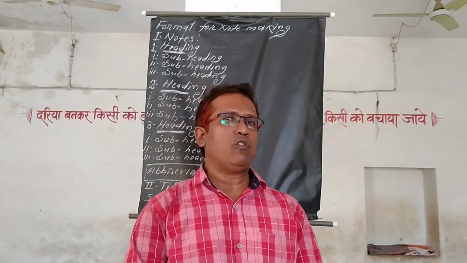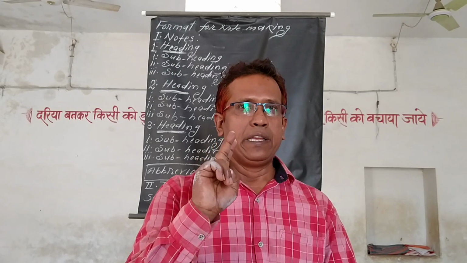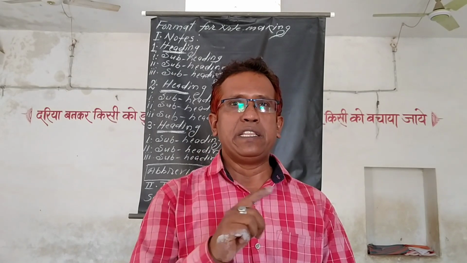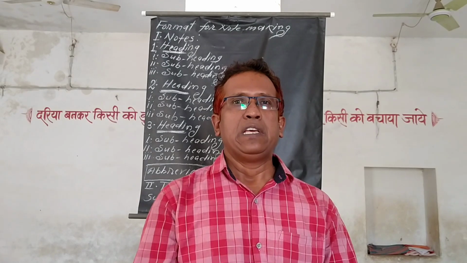So, according to the format, let me tell you all the things once again. In the format, you have to write several headings. Then to support the headings, there would be subheadings, then abbreviations, then writing the title of the passage, then summary.